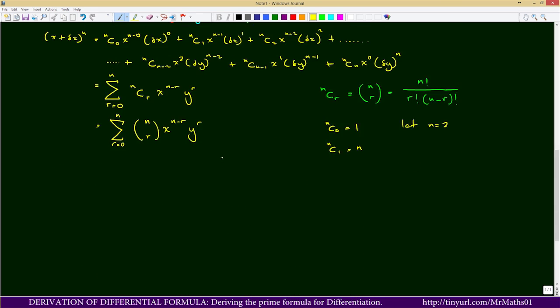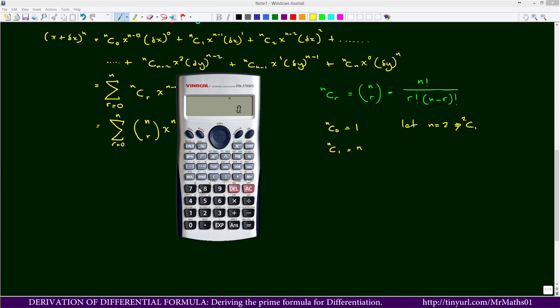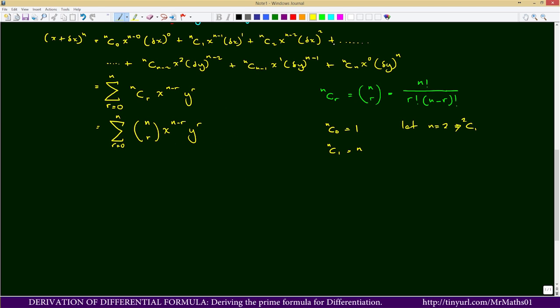So what is the value of 2C0? I'm going to use my calculator again. 2, and I'm going to press shift so that I can select the nCr formula, and 0, that is equal to 1. Okay, that's the first one. Oh yeah, I got this one wrong.